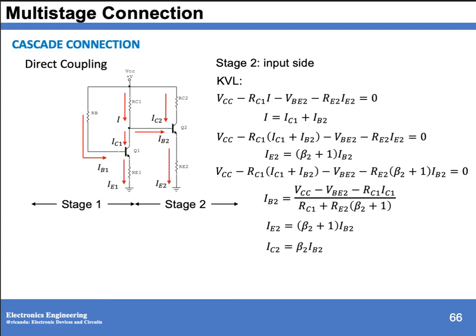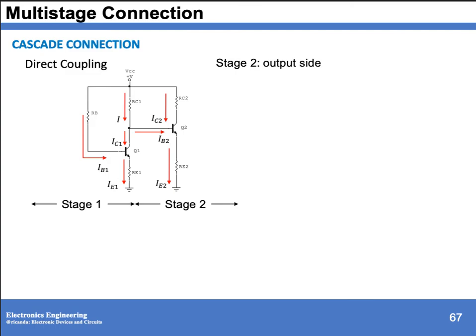IC2 is equal to beta 2 IB2. If we have to solve for the voltage at the base 2, that is equal to voltage base emitter 2 plus RE2 IE2. And for the voltage at emitter 2, it is equal to the voltage drop across RE2.